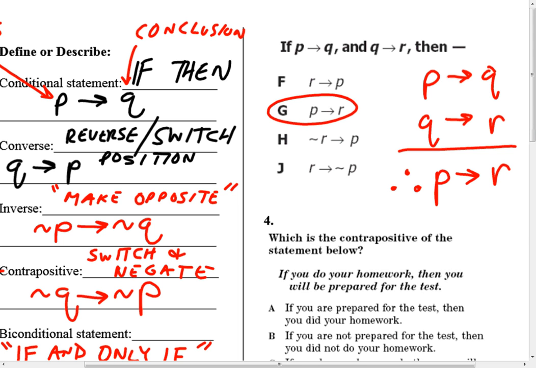What is the name of that law? What's our technical name? Transitive? No. It's transitive if we were dealing with equal signs or congruent signs. But since we're dealing with if-then symbols and conditional symbols, we have a more technical name for it. What law would this be?